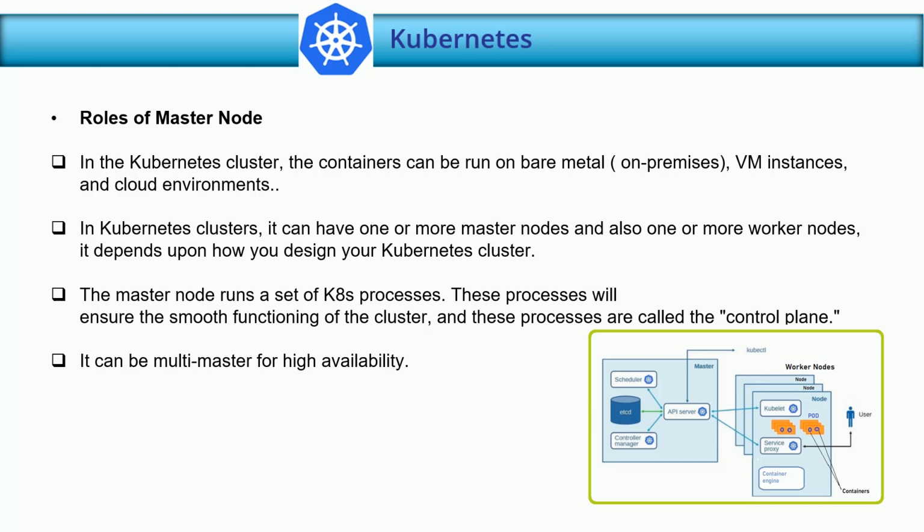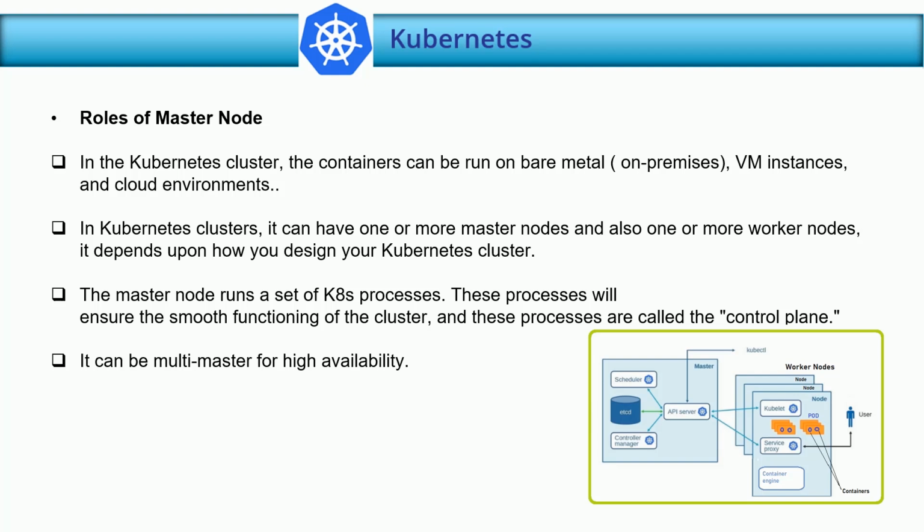The master node runs a set of Kubernetes processes. Once you interact with the API server, all the processes running on the system start working together to provide the desired state.